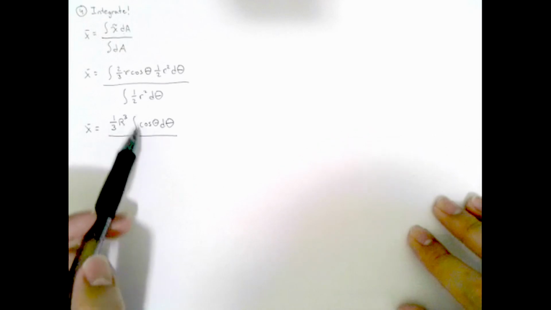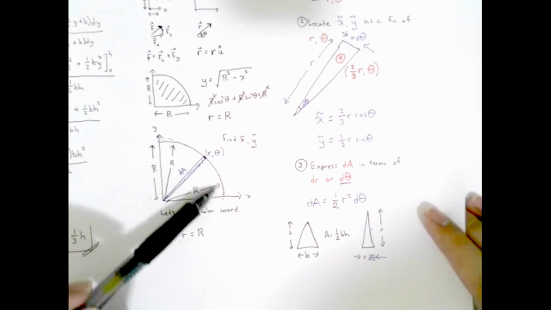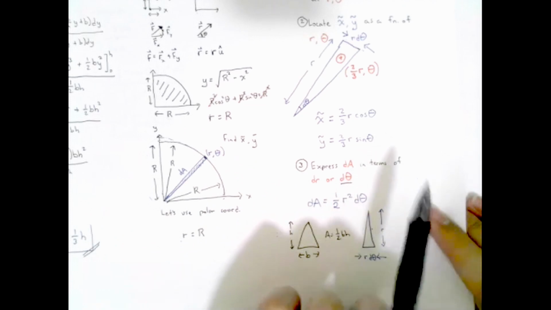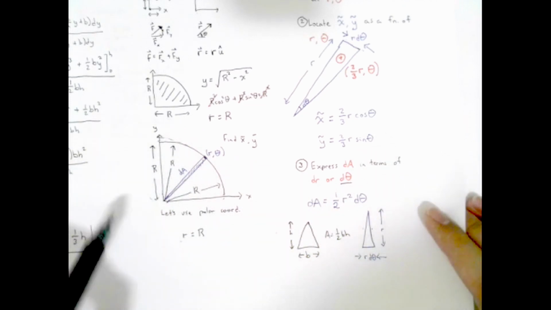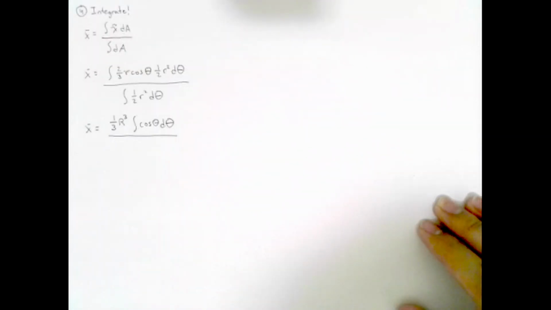What about our limits of integration? Here, remember, we want to integrate as d theta changes. So here, the angle changes from what to what in this curve? From 0 to pi over 2, right? Remember, pi is a semicircle. So, yep, 0 to pi over 2. So we get 0 to pi over 2.